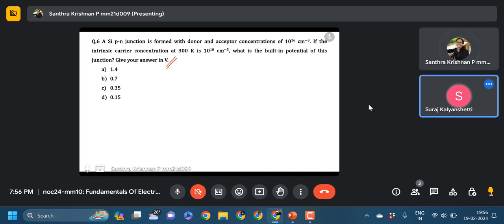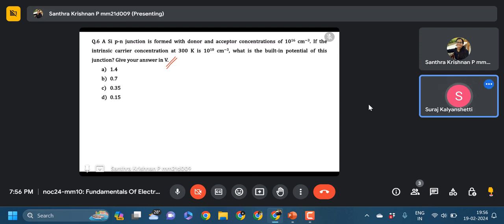Yeah, I'm just solving it. Is it 976 volts?